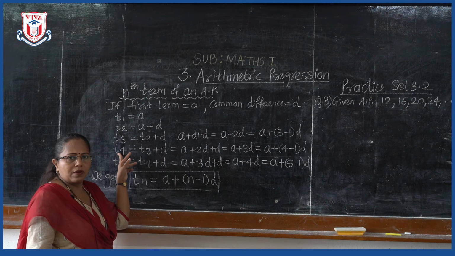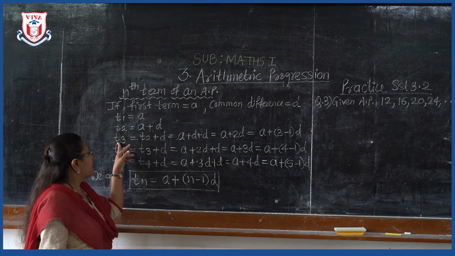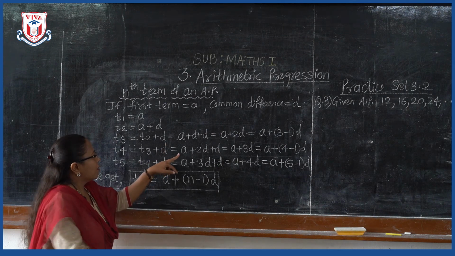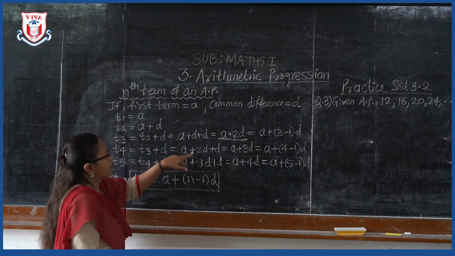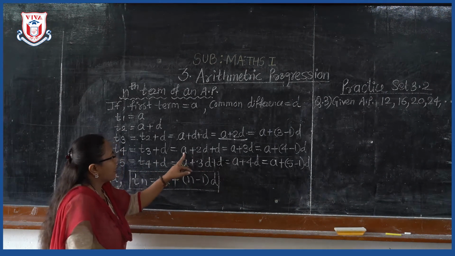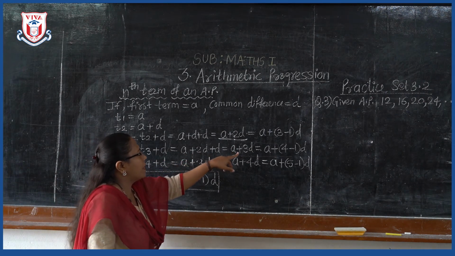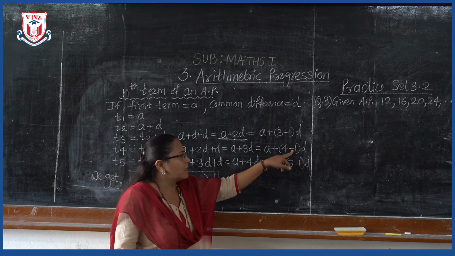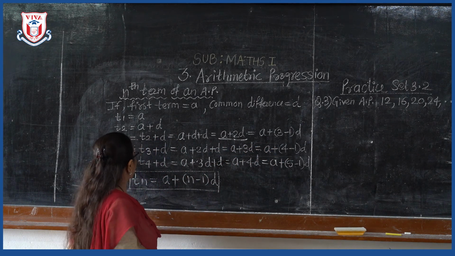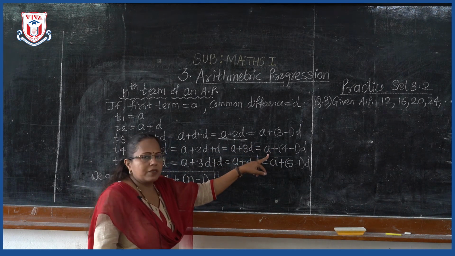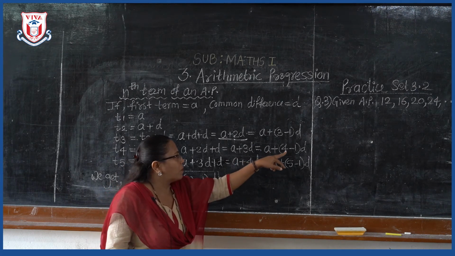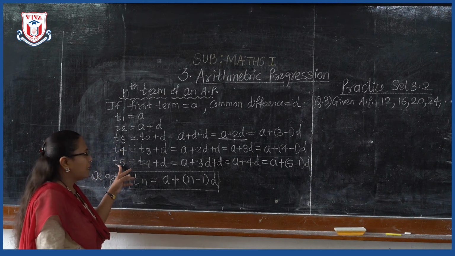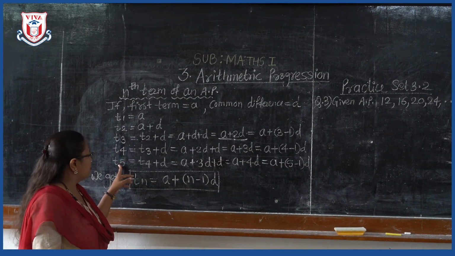Next term T4. To get this term, to the previous term T3 we have to add the common difference D. Now T3 we got A plus 2D, plus D. So A plus 2D plus D we got A plus 3D. Now this 3 we can split as 4 minus 1 because this is the fourth term. So we get the fourth term as A plus 4 minus 1 into D. Next term T5, the fifth term.